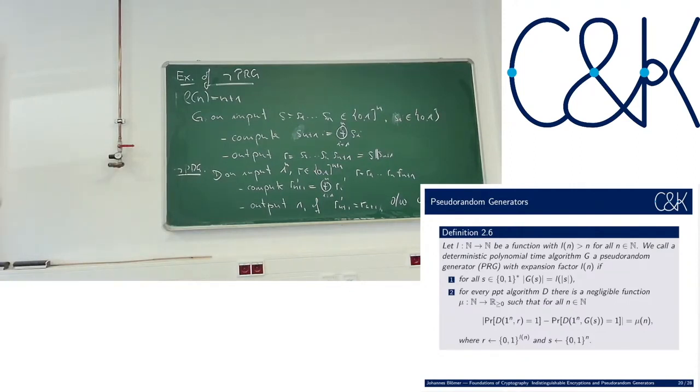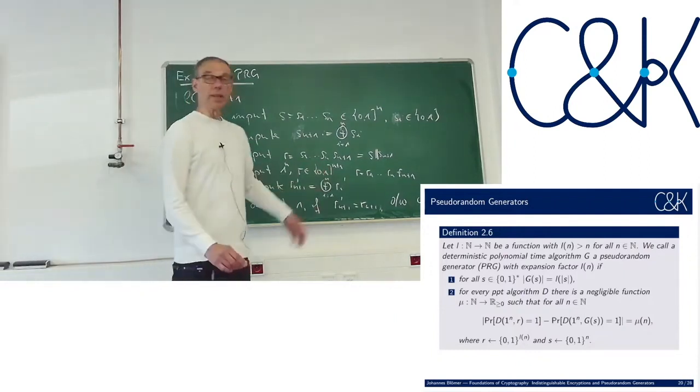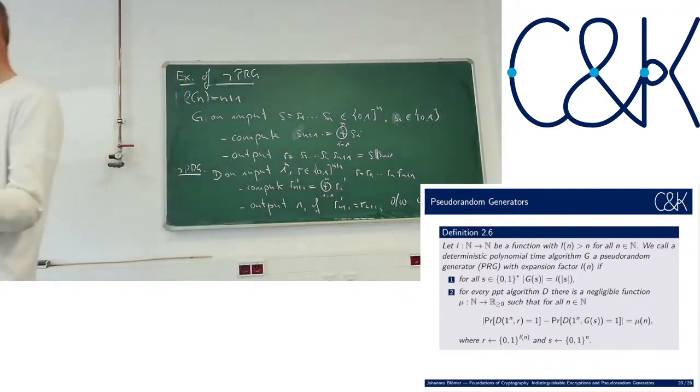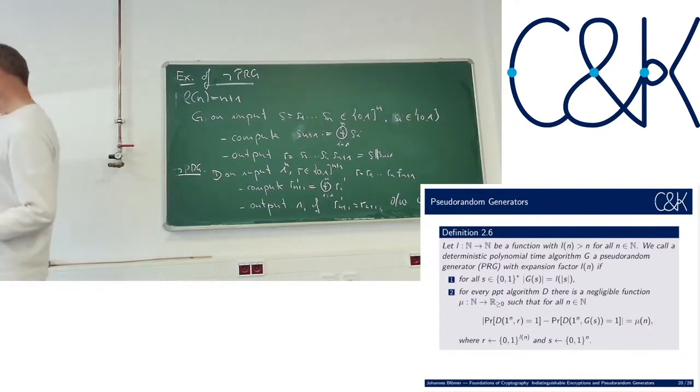So that's a distinguisher. It just gets inputs of 1 to the n and then the right length, and it looks at these inputs, and based on some computations it outputs 0 or 1. It's supposed to distinguish between these two things, not based on some prior knowledge.